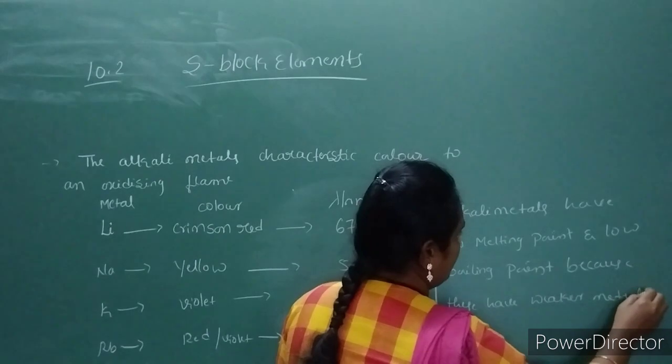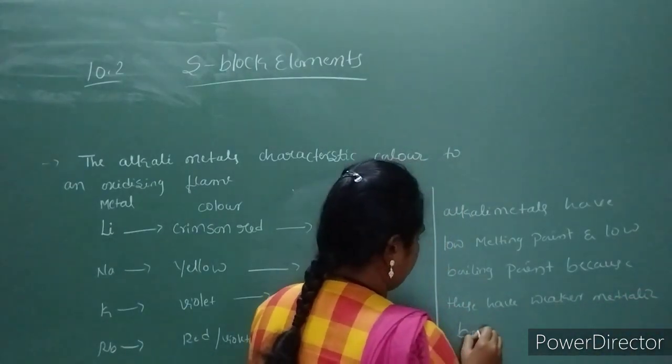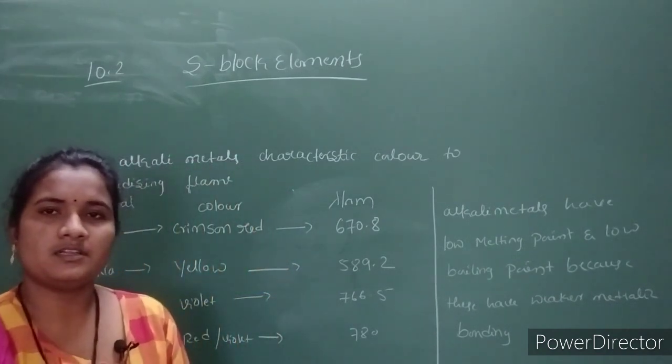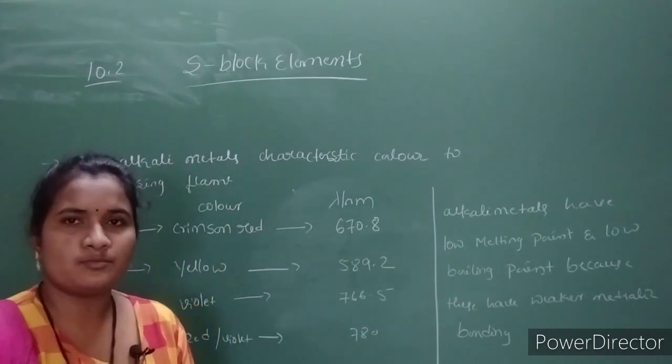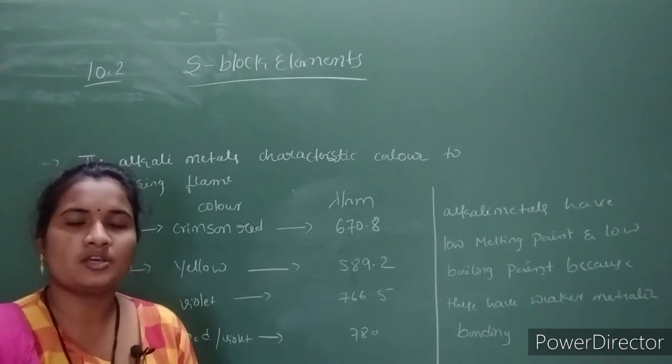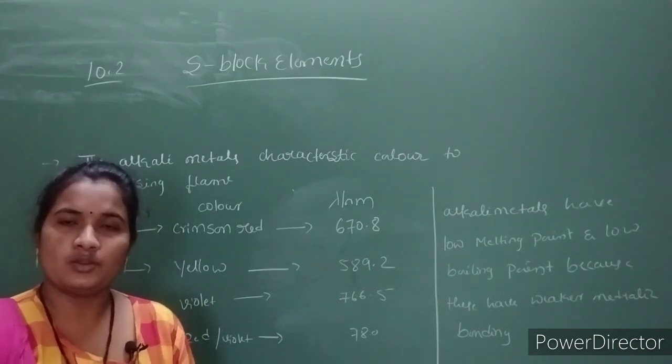If the metallic bonding is loose or weaker, it is very easy to break that bond at low temperature. That is why those metals exhibit low melting points as well as low boiling points.